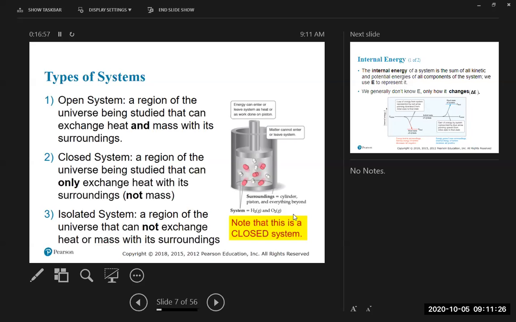Because you're doing something like that. So it's real common in this type of study to have this piston example, because that's an easy way to show work. If you're pushing the piston up, you're doing work. If your piston's going down, work is being done on the system, okay? So you'll see this piston thing, and you'll see this in the homework, I believe. It's just a common way to express some of this and study some of this type of chemistry.